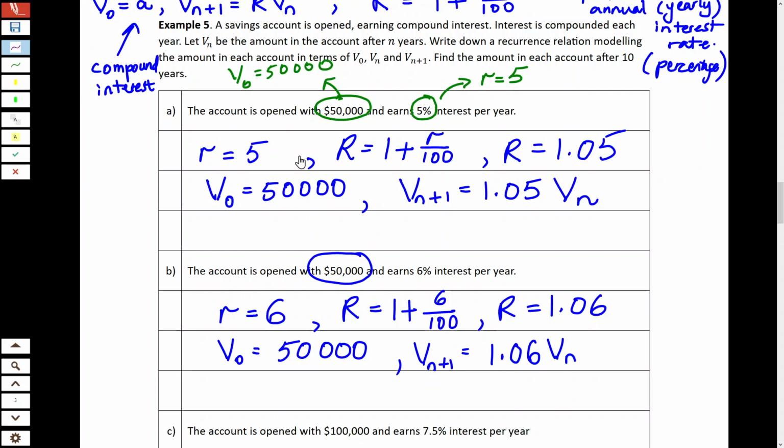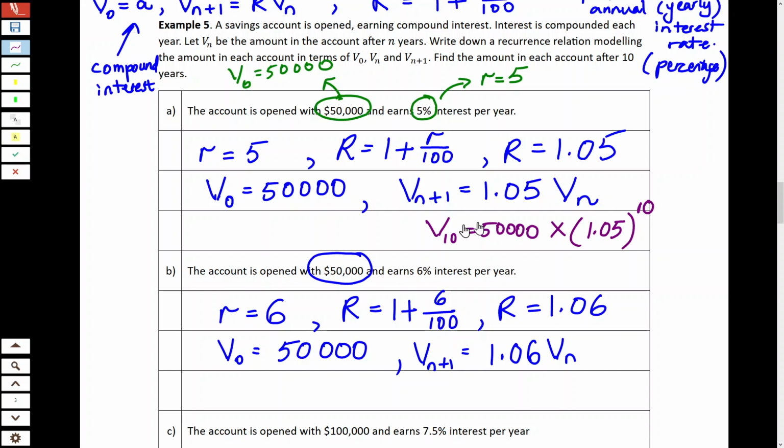What should we do first? Do we have enough information to work out V10 here? V10 equals 50,000 times 1.05 to the power of 10.